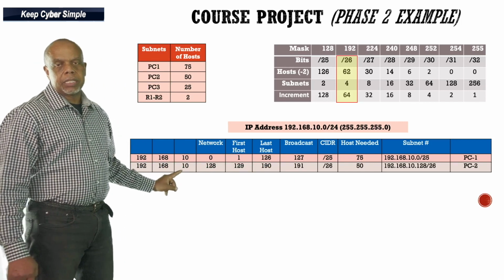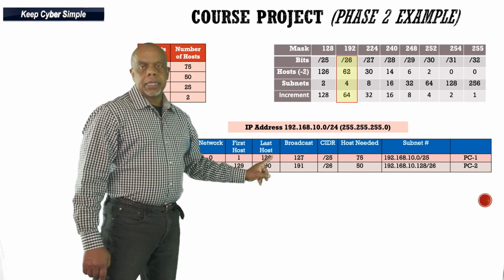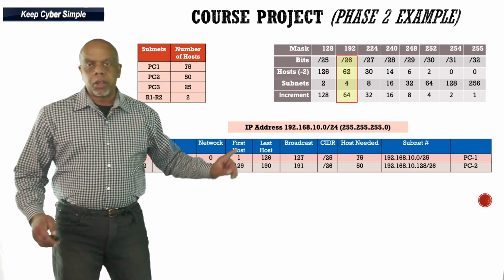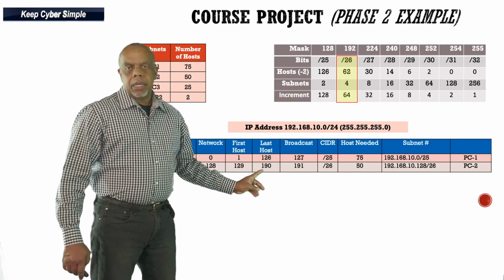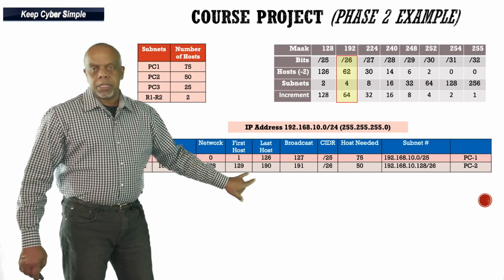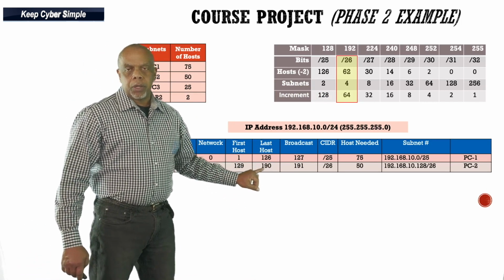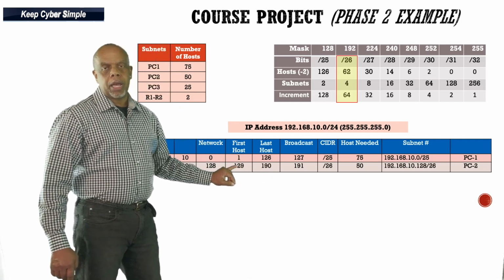So 192.168.10.128. The first one is going to be 129. The last one is going to be, because I'm incrementing at 64 now, right? So 129 plus the increment at 64, which means there are 62 usable. So they'll be from 129 to 190. Those are my 62 usable IP addresses.